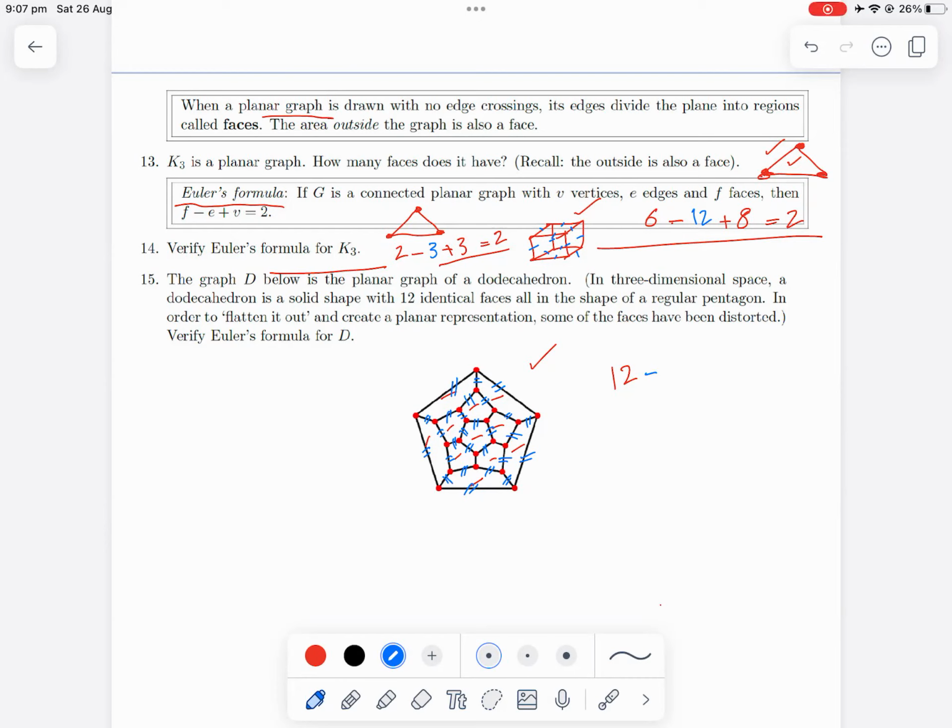Okay. So did I miss 27? 28, 29, 30. So I hope it is right. That's right. I hope it is right.